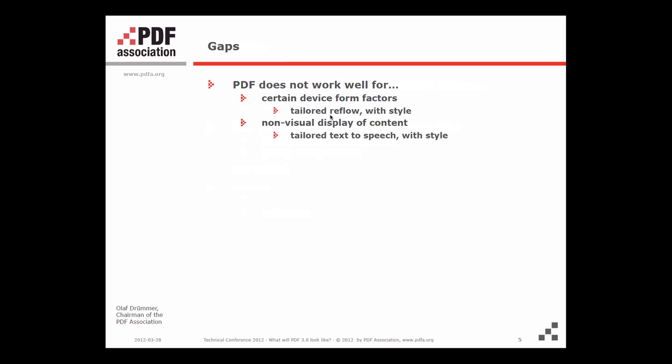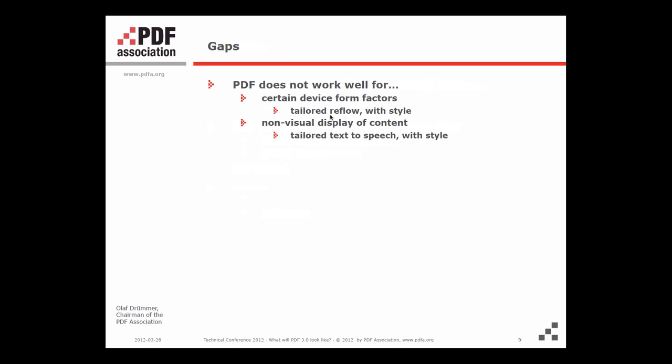And then there are some gaps. Some of these gaps are that while PDF works very well on some devices, like on a desktop computer, it's probably the best you can think of. But once you look at other form factors, and that has been discussed already today and yesterday to a certain degree, it's like the iPhone or whatever 3, 4, 5-inch mobile phone form factor is not perfect for looking at an A4 or letter-sized page, not to mention anything larger than that.